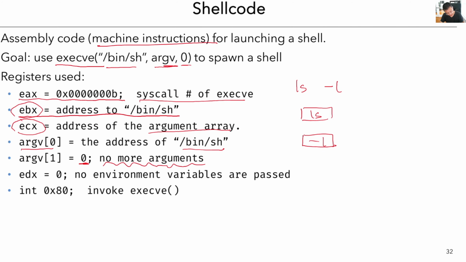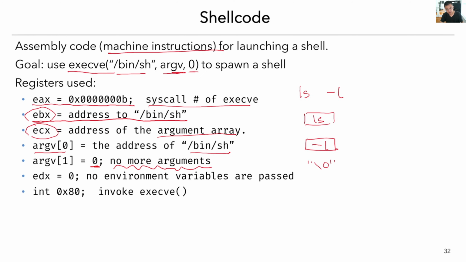Then the last entry will be a 0, meaning no more arguments. In the EDX, we push 0, which means no environment variables. Then we can use int 0x80, a software interrupt to execute the system call. There we can also use the syscall instruction. They basically serve a similar purpose.